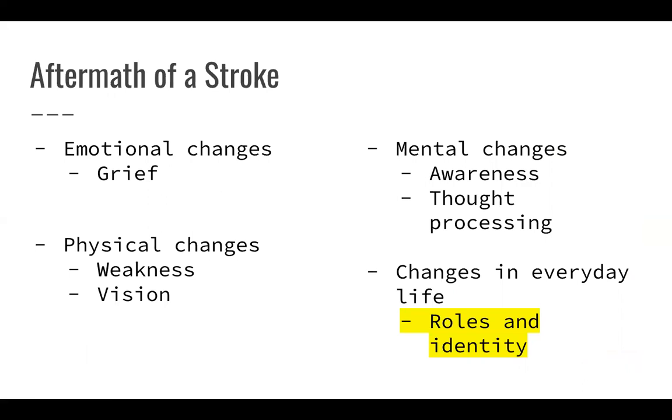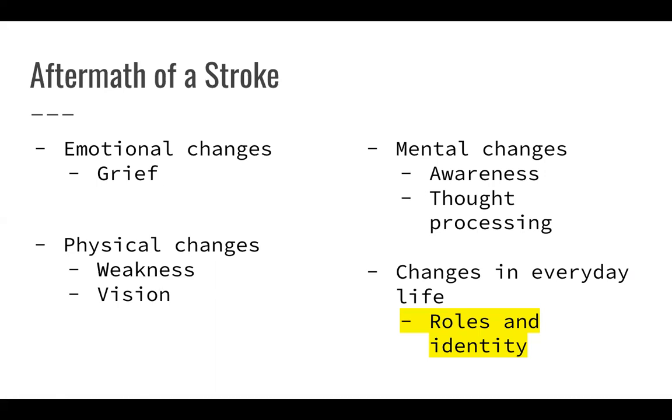It can be a long process and it's different with everyone. Other emotional changes could be depression and anxiety. Remember, not everyone may experience these changes, but it is common for those who have had a stroke.